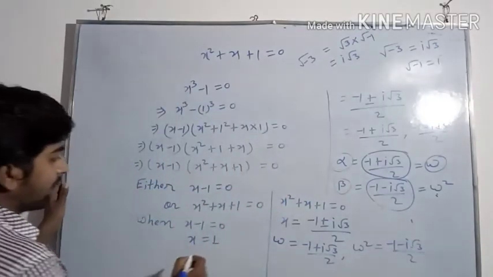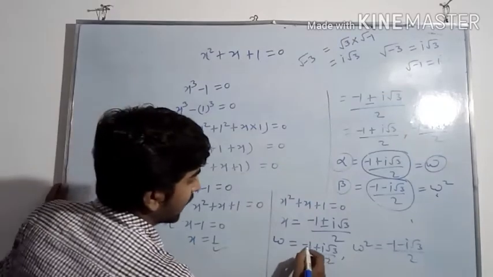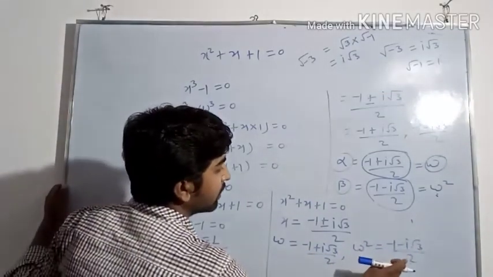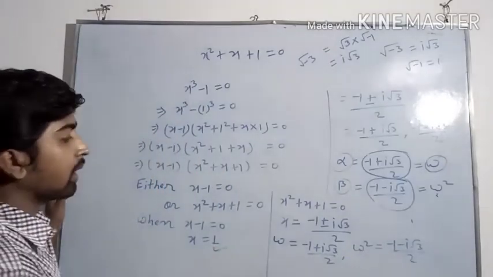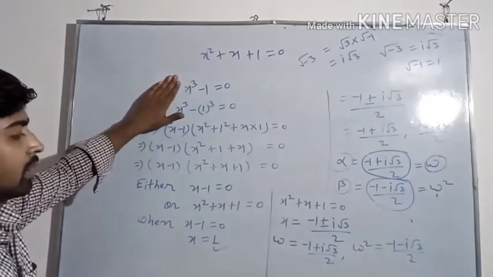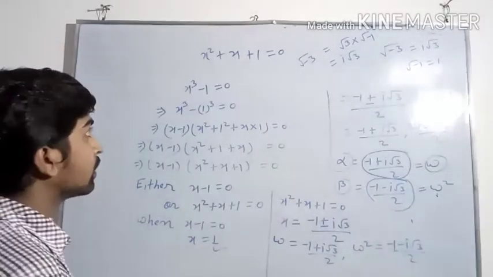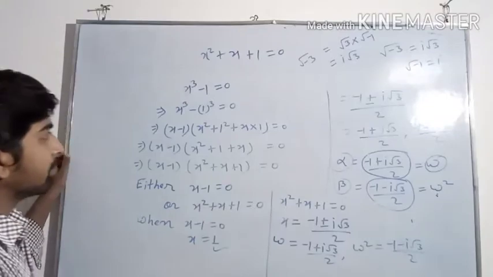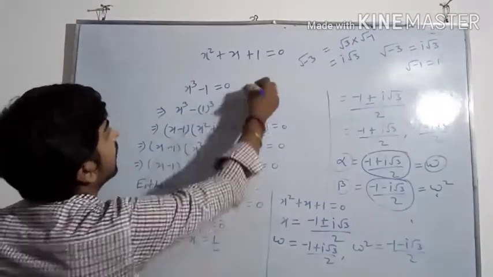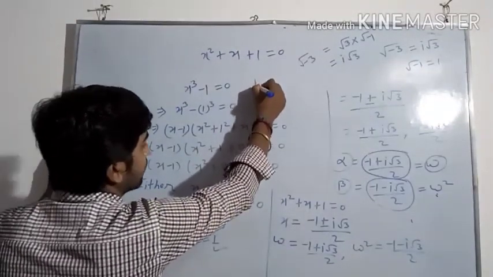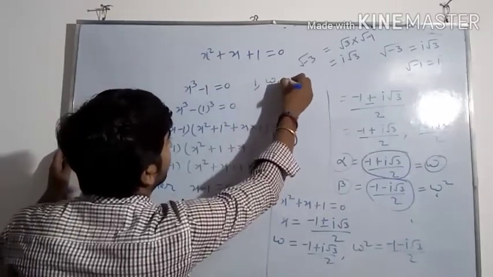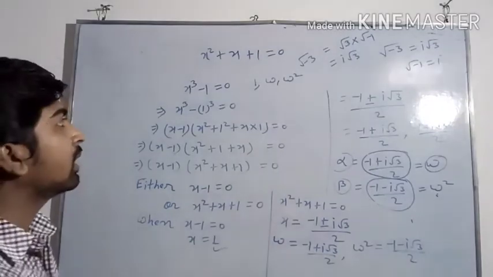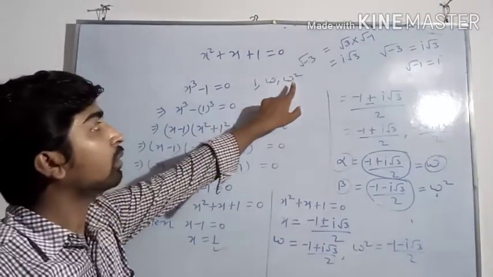And these three, x equal to 1, minus 1 plus I under root 3 by 2, and minus 1 minus I under root 3 by 2, are the three roots of this cubic equation, and these roots are called cube roots of unity. Means cube roots of unity are 1, omega and omega square.